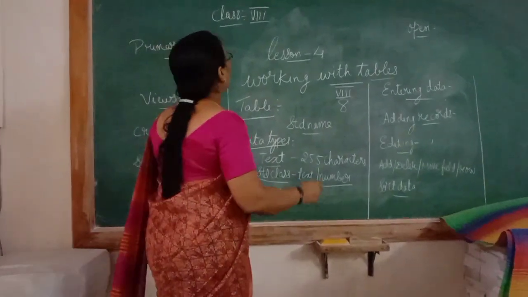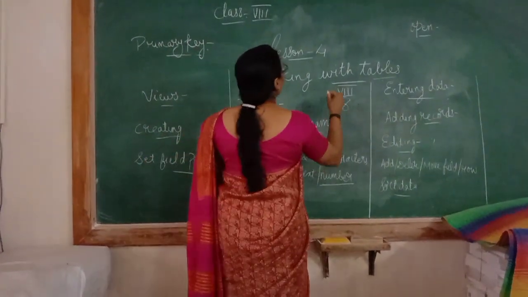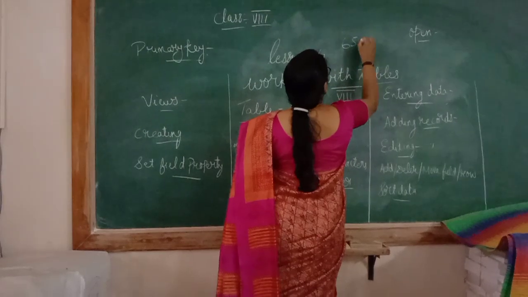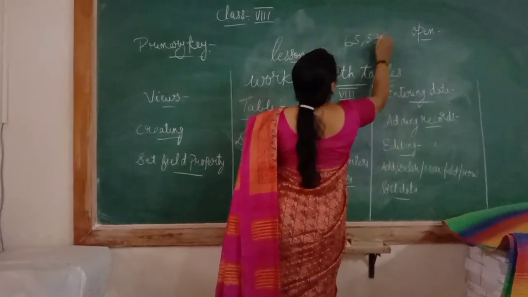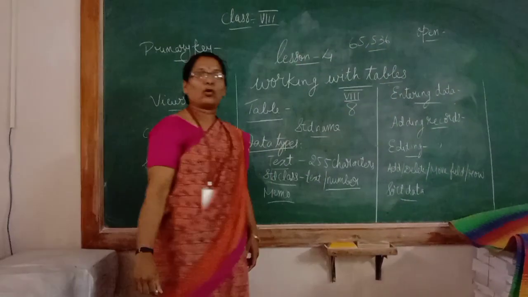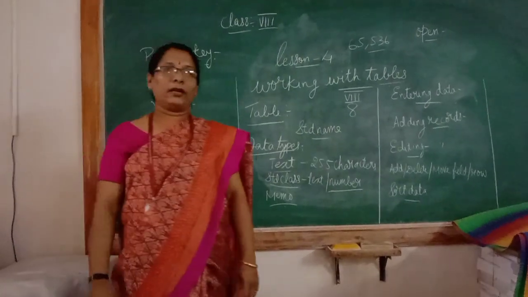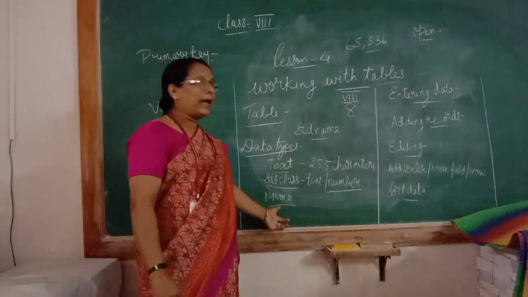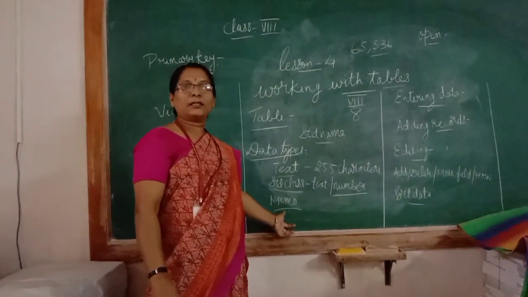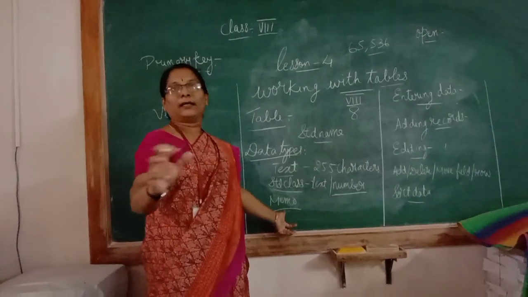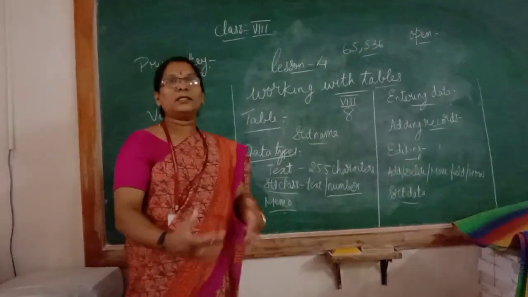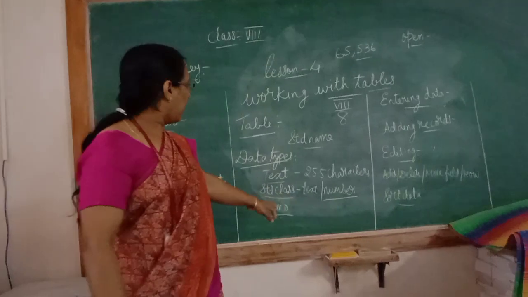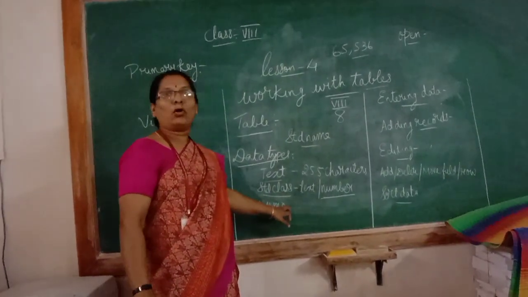That means it can accommodate up to 65536 characters. 65536 characters can be accommodated in a memo field. So there you can extend the characters. For example, student address is a bit lengthy, so you can enter the address in a memo data type.